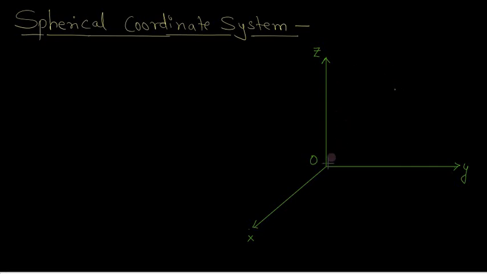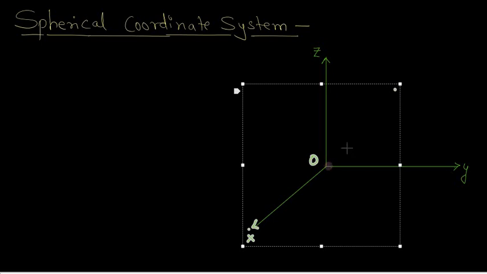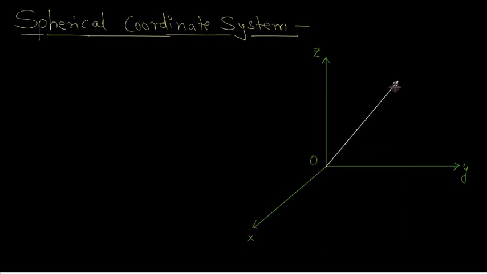Let's say there is a point P, a position vector at point P. So there is a point whose coordinates can be given by X, Y, Z. So in Cartesian, you will write the r vector as x i cap plus y j cap plus z k cap.